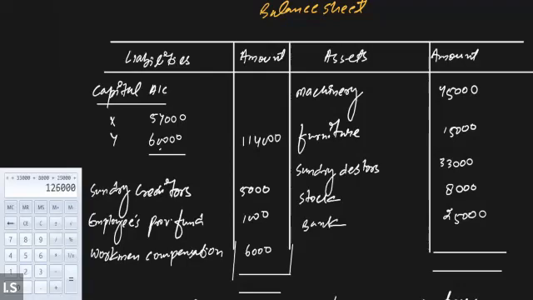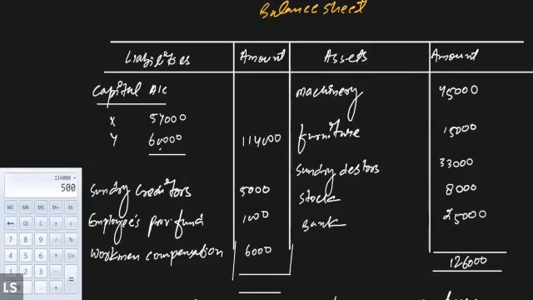Okay, so we have got 1,26,000 on the asset side, and on the liability side we have 1,14,000 plus 5,000 plus 1,000 plus 6,000. Okay, thank God we got the same balance, 1,26,000.